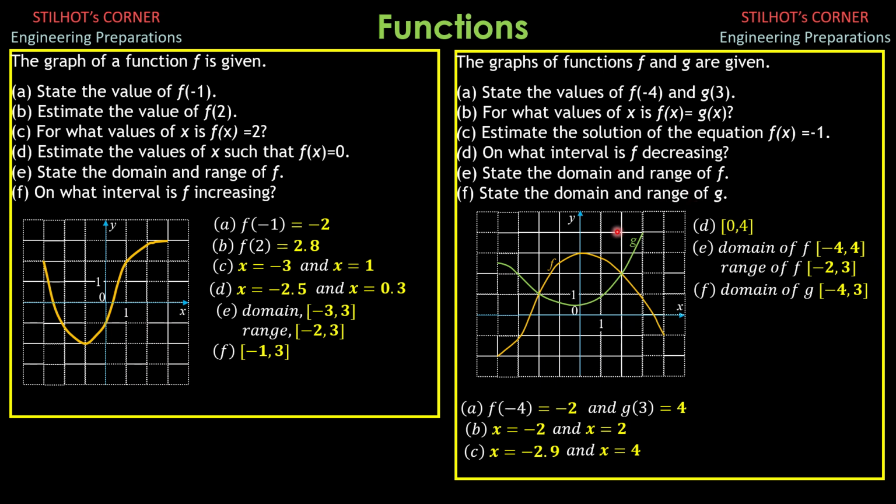The lowest value is about 0.5 above the x-axis, and the highest value is 4. So the range of g is the closed interval 0.5 to 4.